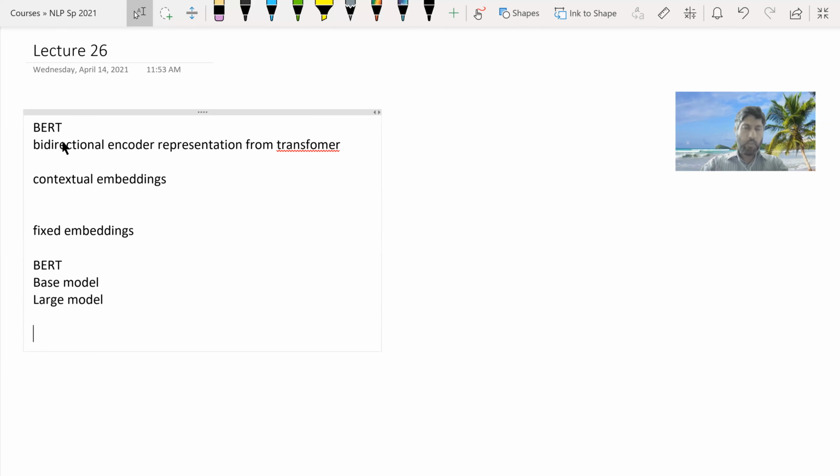So the base model had 12 encoders. When I say 12 encoders, these are in series, stacked one after the other. But each of those encoders also has 12 heads or blocks. So these blocks, of course, are in parallel.